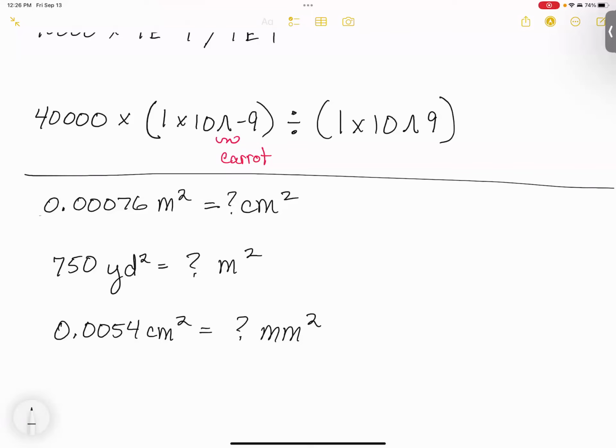Oh, I see. It just depends on which one is crossing out. So if this right here on the top.